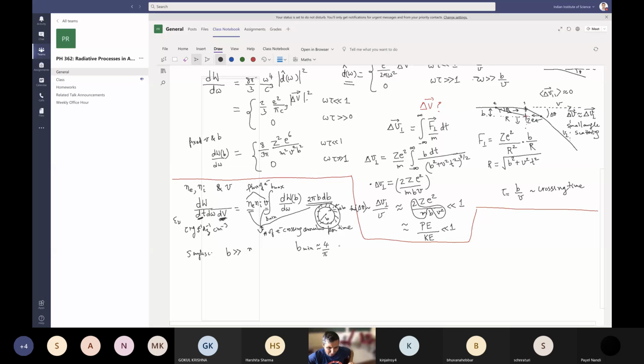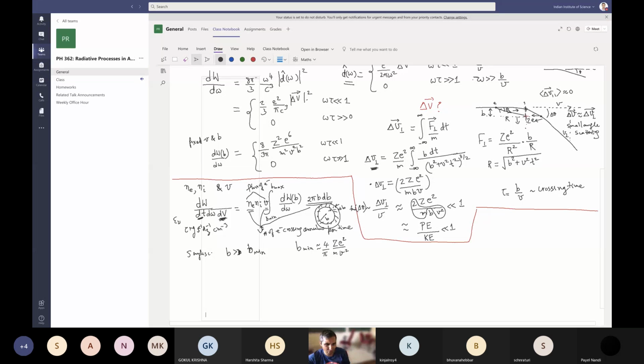These factors of 4 and pi and so on are just there for consistency with the convention in the literature. But this is actually an order of magnitude estimate. So B has to be bigger than, not much bigger than B min, because otherwise this small angle scattering assumption breaks down, and this expression for delta V perp changes.